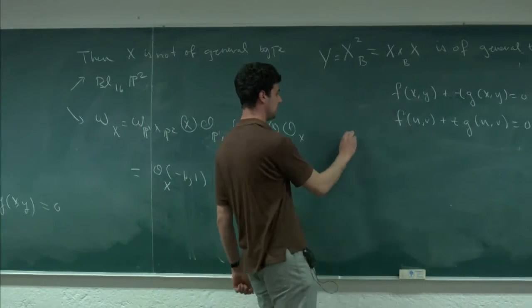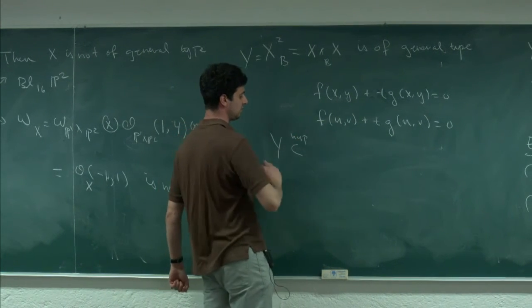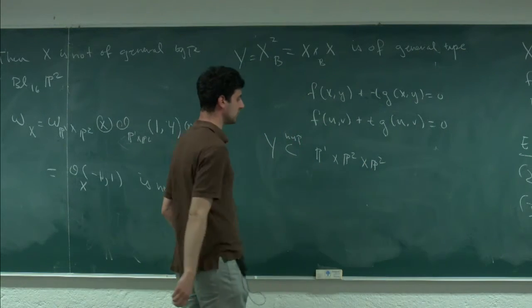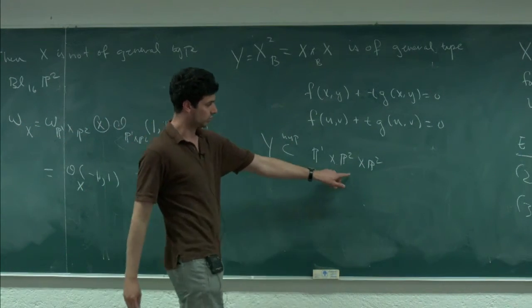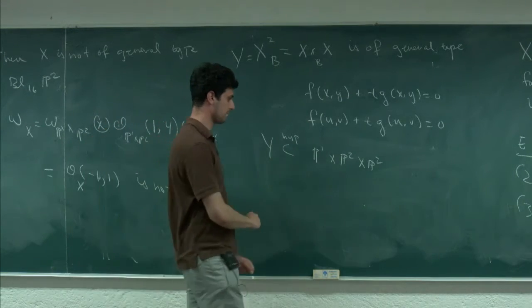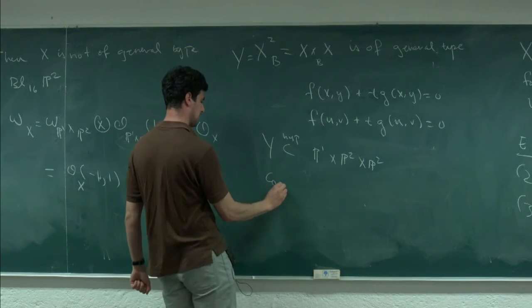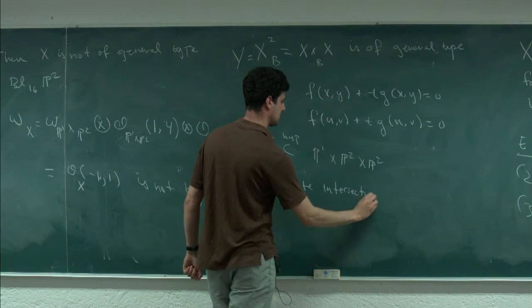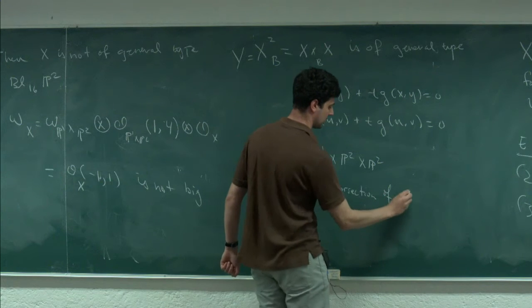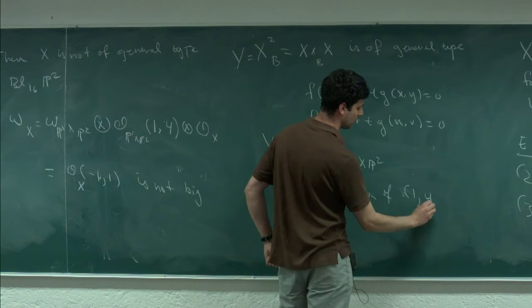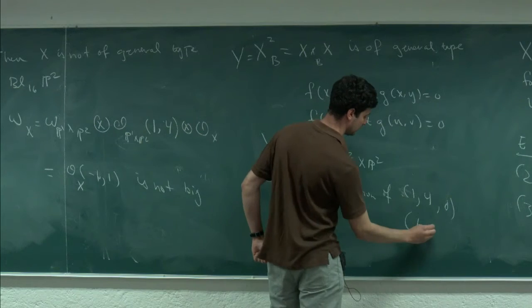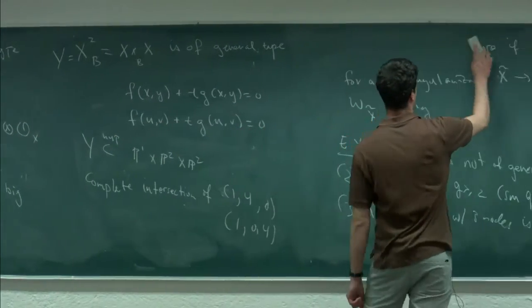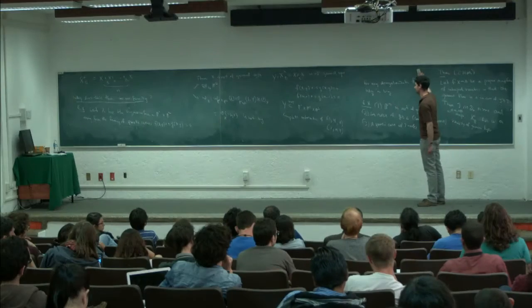So Y is inside P1 cross P2 cross P2, and it's the complete intersection of something of the form (1, 4, 0) and something of the form (1, 0, 4).